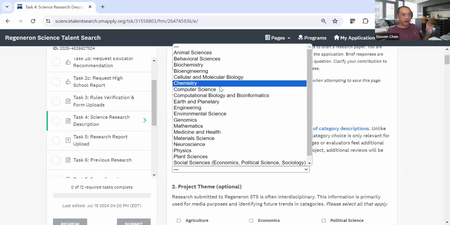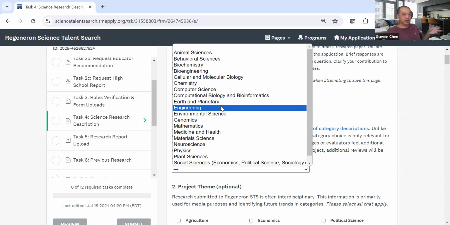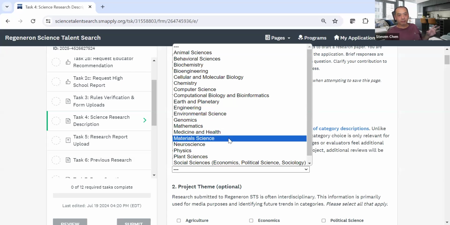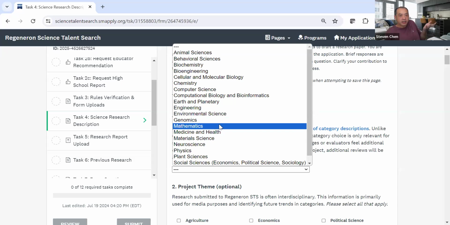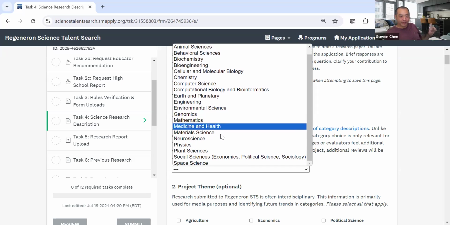So you need to think carefully about whether your contribution is on the AI model itself, or maybe you just use it as a tool, but your contribution is on something else. For instance, maybe it's on the material structure, the material model, or maybe on environmental issues, right? Then you should choose the correct category that could make your research look strong. Sounds good? This is one thing that applies, I believe, to many people.